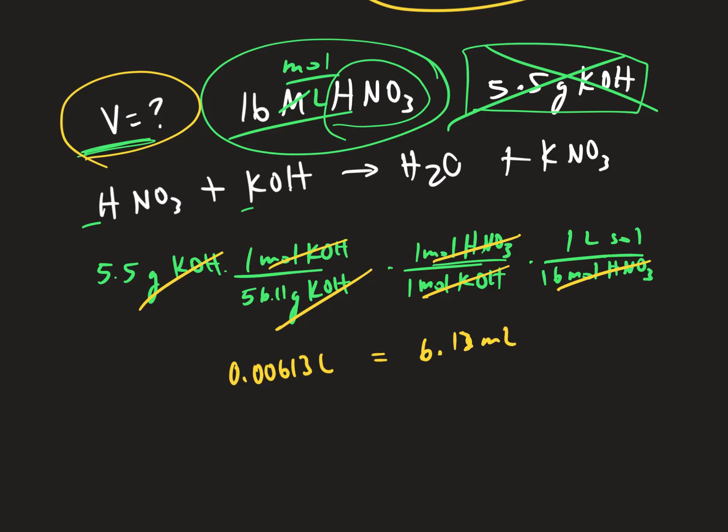I don't remember if that will be given to you. Let's see. Calculate concentration, lowest molarity, equivalence. Looks like it's not on here. I'll just write it down. So it looks like we're good.